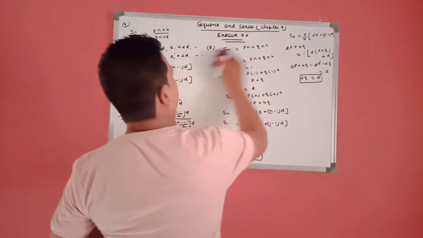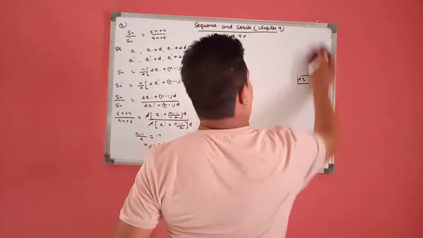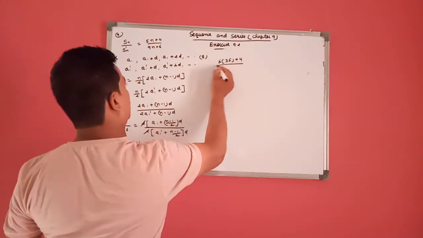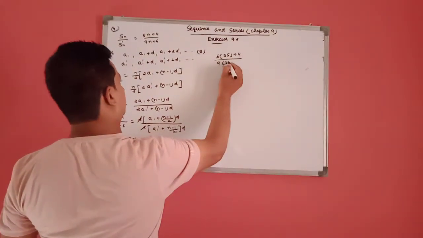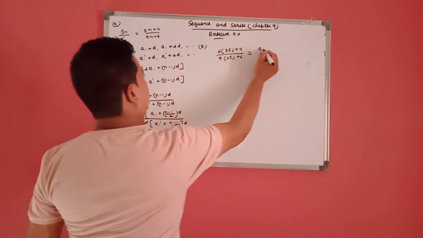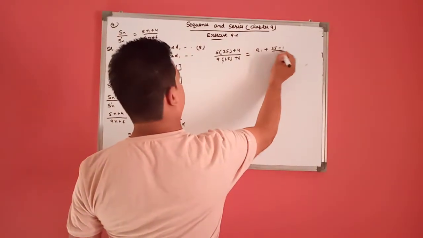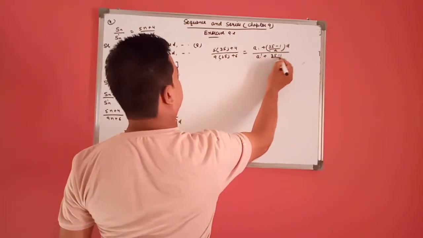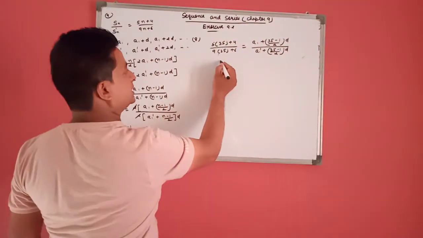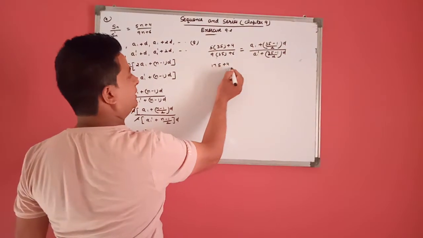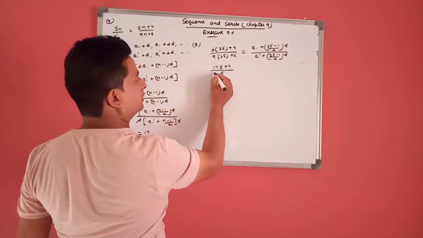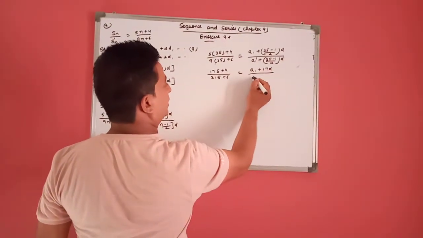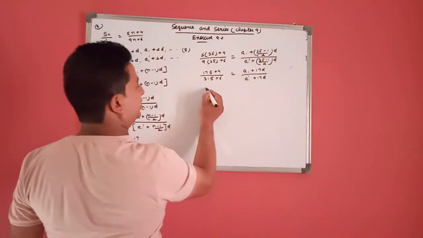When we put the value of n as 35, here we get 5 into 35 plus 4, 9 into 35 plus 6, which is a1 plus 17d upon a1 dash plus 17d dash.